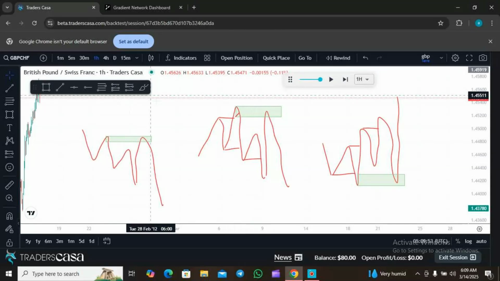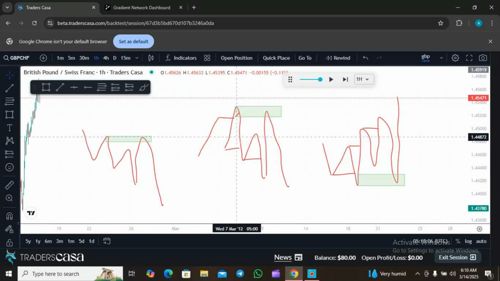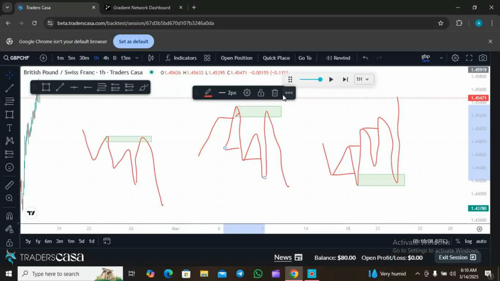Okay, so now let's look at the confluences and the validity behind this setup.